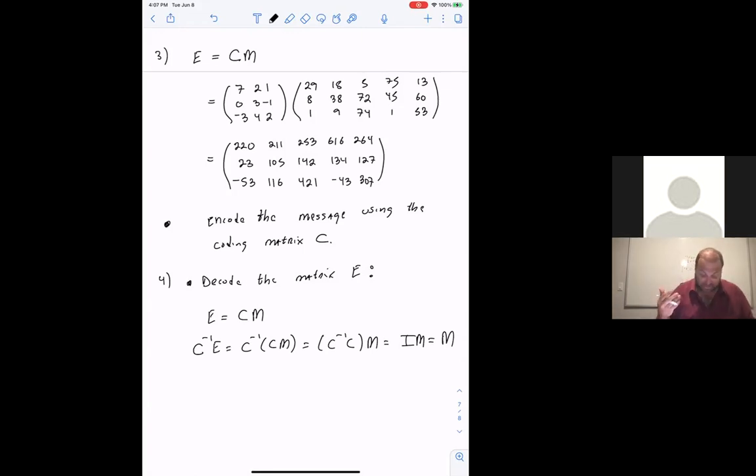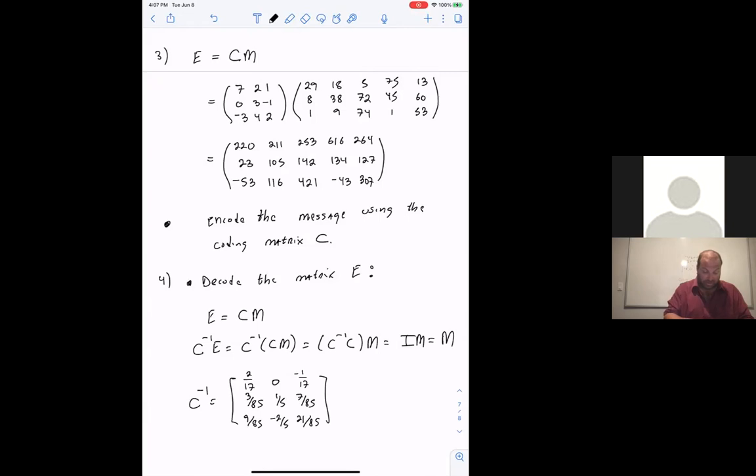What is C inverse? Well, go back to my calculator. My first matrix inverse using fractions. So C inverse, you should do this yourself. I get 2 over 17, 0, negative 1 over 17, 3 over 85, 1 over 5, 7 over 85, 9 over 85, negative 2 over 5, and 21 over 85.